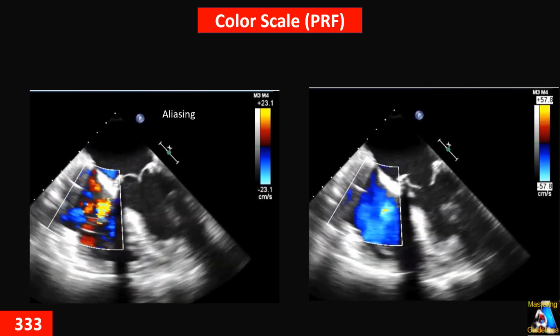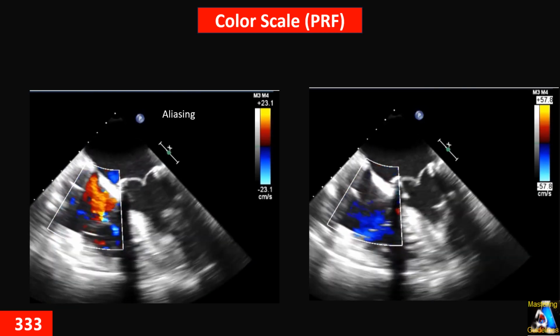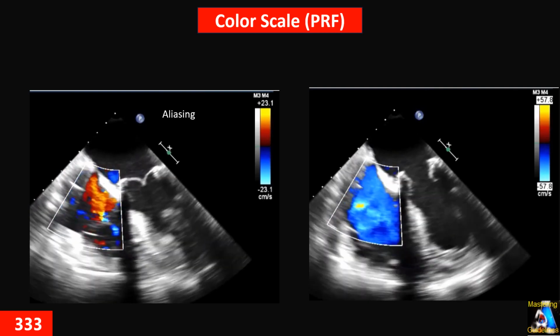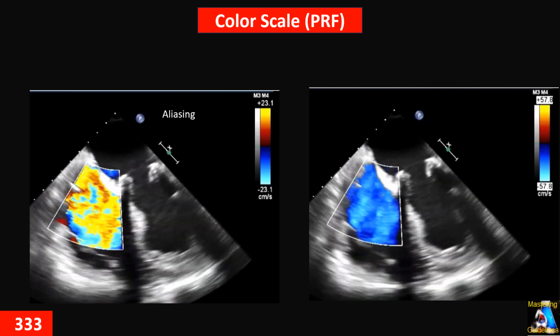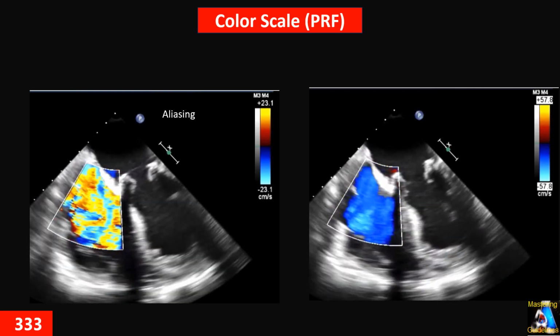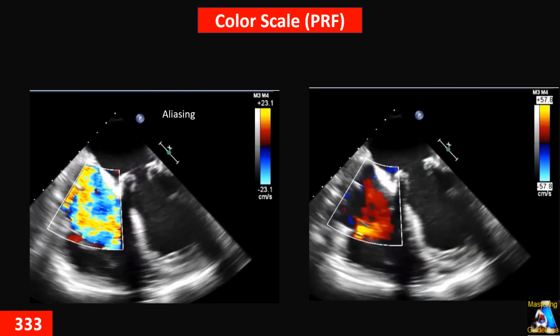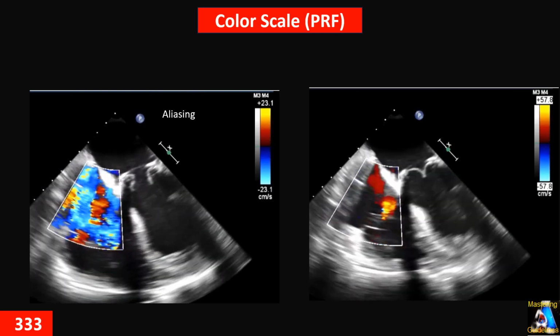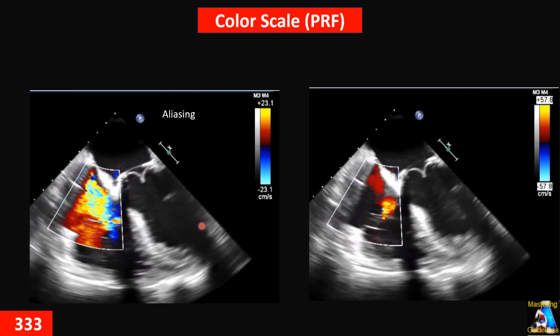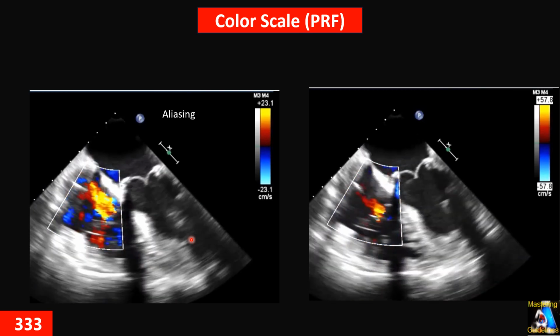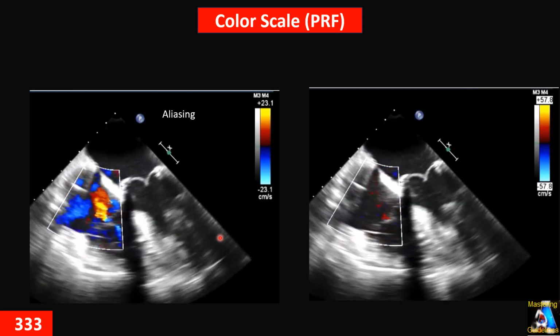With increasing PRF, our machine becomes more sensitive to high velocity and in some way decreases or eliminates those low velocities. With decreasing scale, our machine becomes more sensitive to the low velocities too.